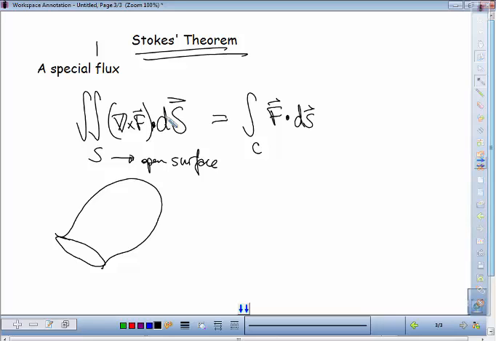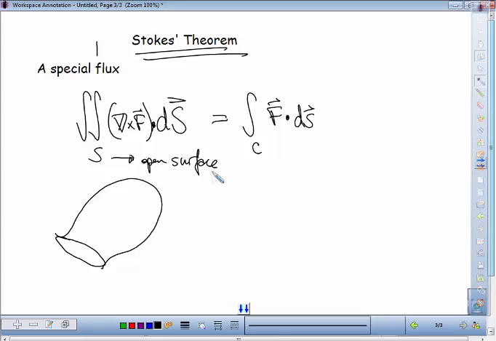We have an open surface. Now, this is a line integral, so C has to be a curve. The curve will be the curl? Close. The outside of the what? Oh, the outside of the jar, the outside path.